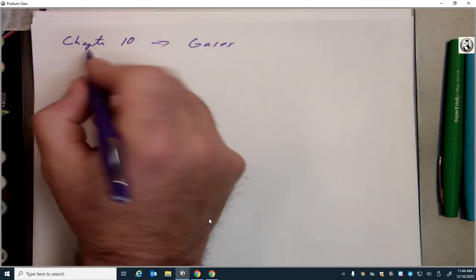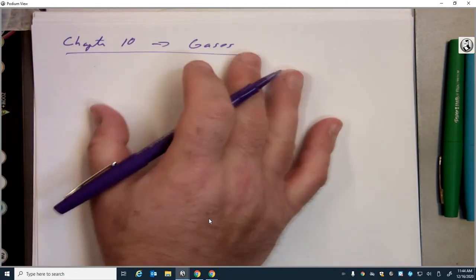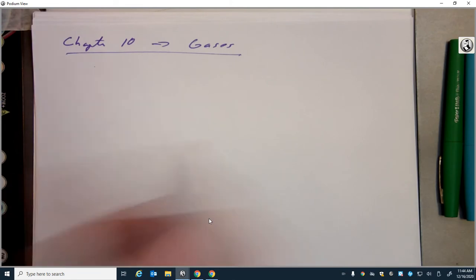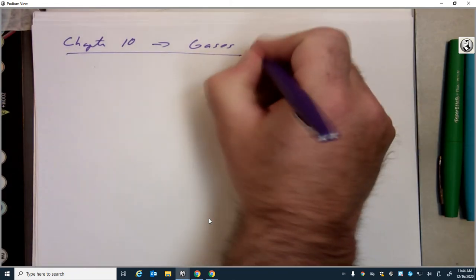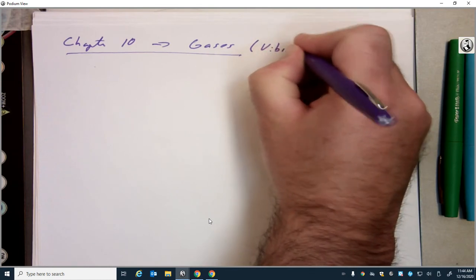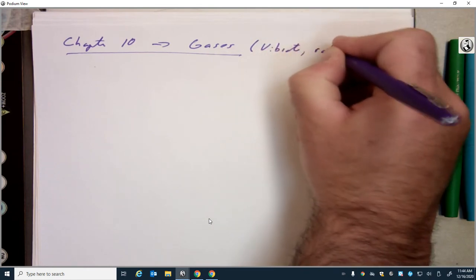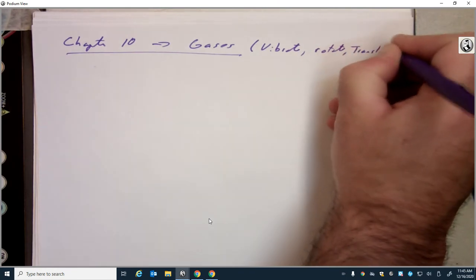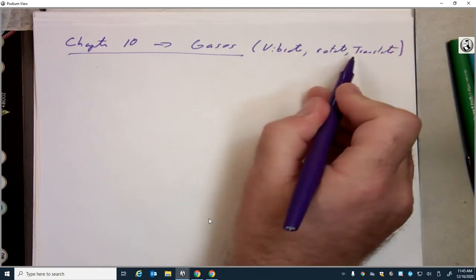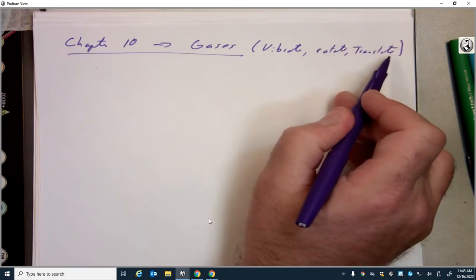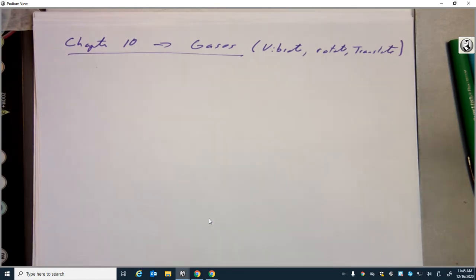So we already talked a little bit about gases, and remember, our gases are going to, their particle motion, they're going to vibrate, they're going to rotate, and they're going to translate. So they have this particle motion, and we're going to spend some time talking about how they translate and what's happening with these gas particles.